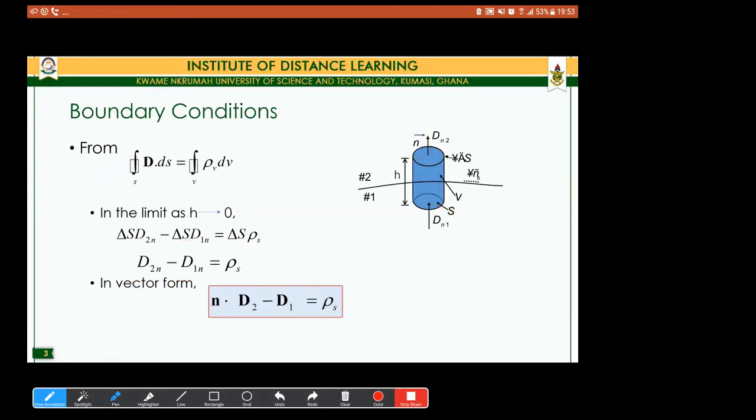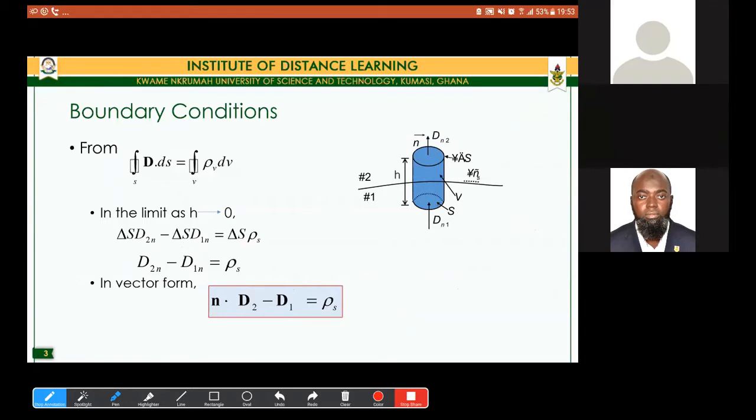So what it means is that for the electric flux density, it is not continuous across the interface, because they are not the same in medium 1 and medium 2. If they were the same in the two media, then the difference would be what? 0. But because they are not the same, the difference is not 0. Okay? Now, the difference is equal to what?